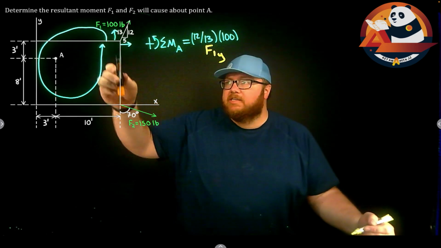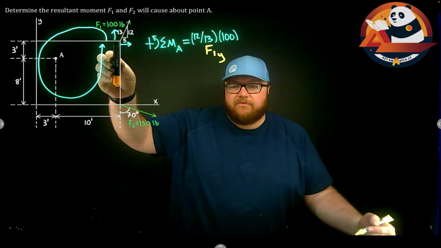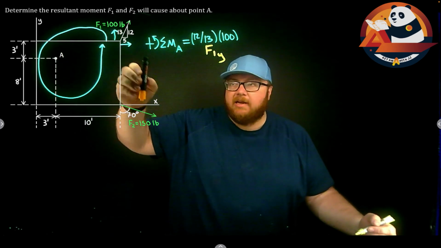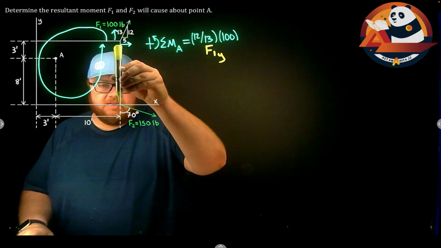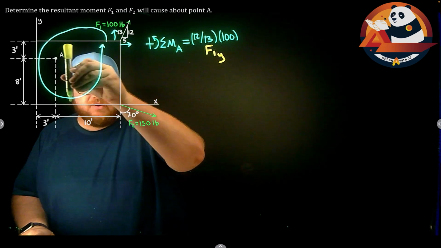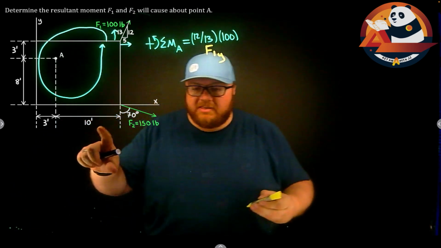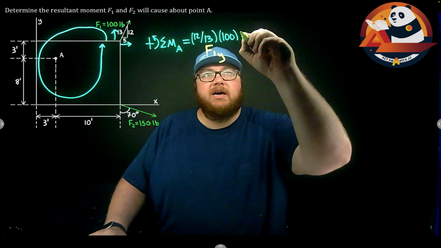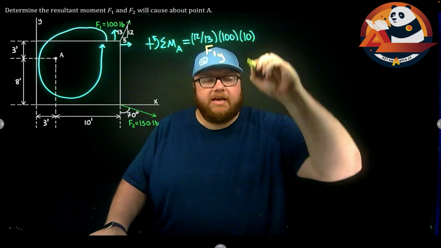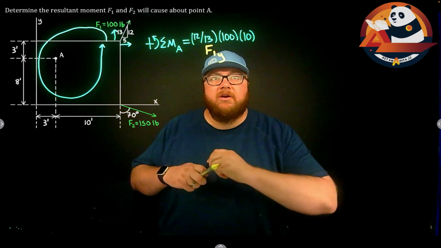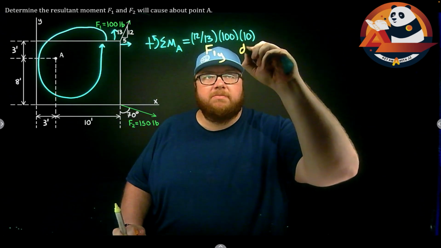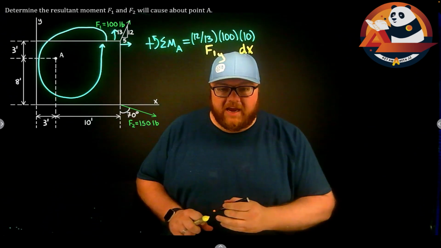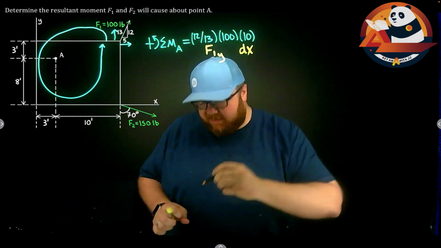So it's my shortest distance from my force back to A. I'm working with the Y component, so I'm coming from here over in the X direction to get to A. That's my 10-foot distance, times 10. My Y component of force, we always will multiply by a distance in the X. It will get us our perpendicular distance.